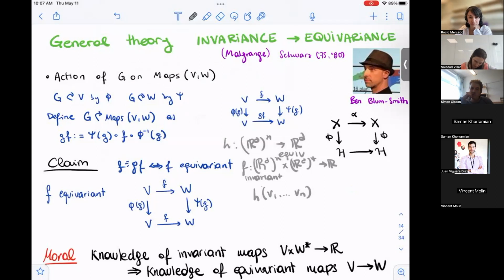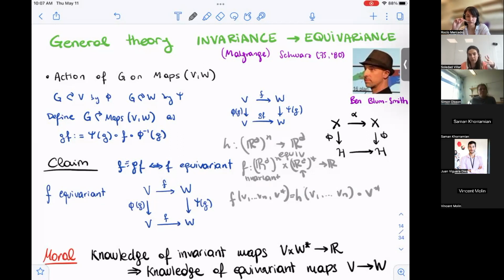So f of v1, ..., vn, v star, this is the extra guy that I have here, is going to be equal to my equivariant function evaluated on my original vectors, inner product with v star. So here, since we are acting with the orthogonal group, the orthogonal group acts the same in the space and in the dual, so you can identify this star with just R^d.